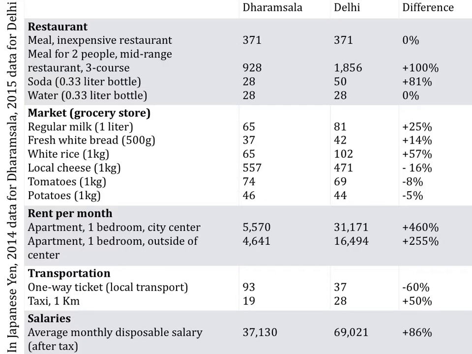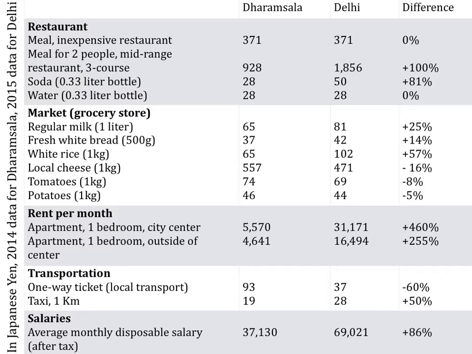So looking at restaurants, a meal in an inexpensive restaurant is the same in Dharamshala and Delhi. And this is actually something I did notice while eating in the 2 cities. But as soon as you go to a higher quality level, well, definitely you can see the difference, right? 100% more expensive, so double the price in Delhi.